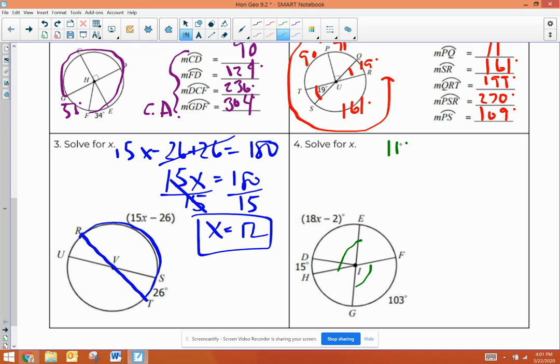So vertical angles are congruent. So 103, my smartboard writing was bad, 103 equals 18x minus 2 plus 15. Then I can just solve from there.